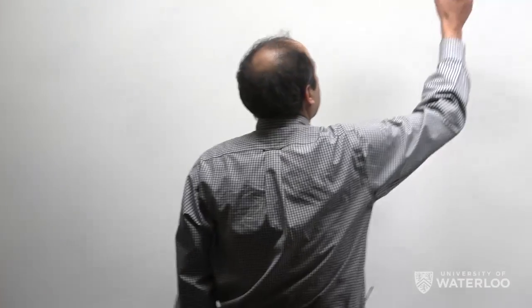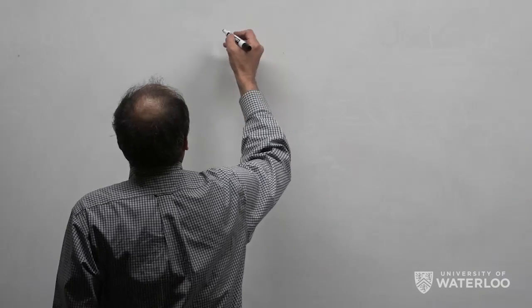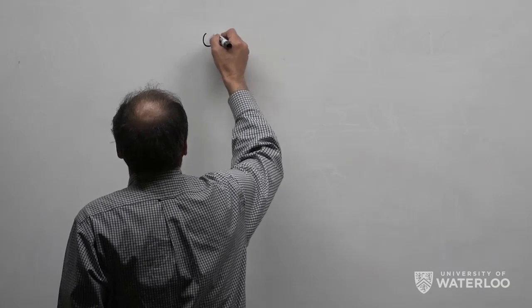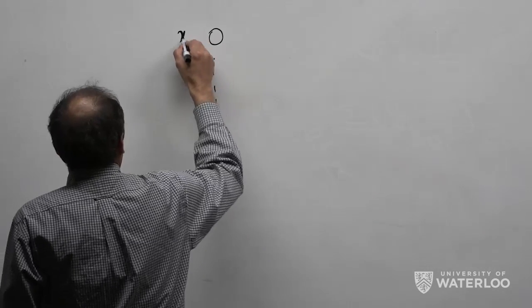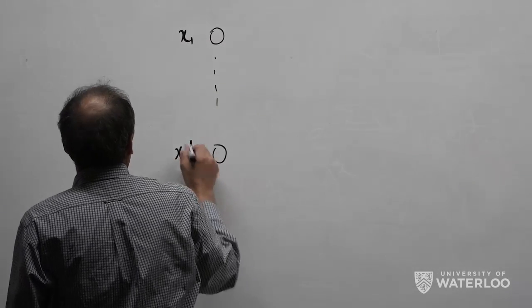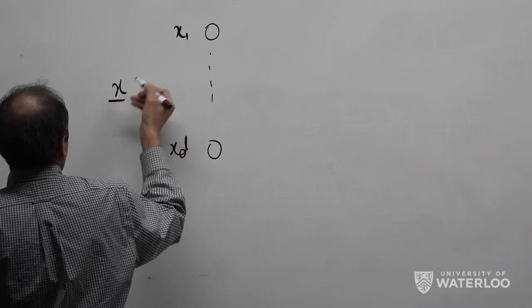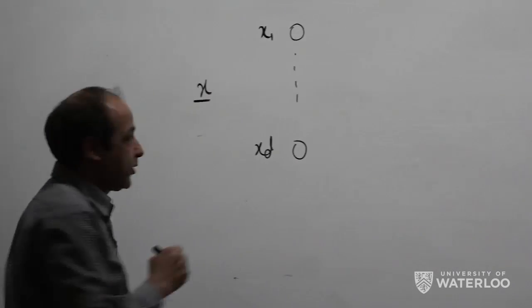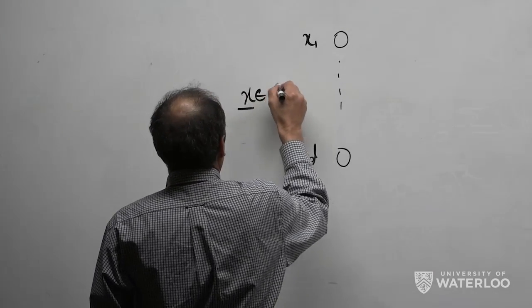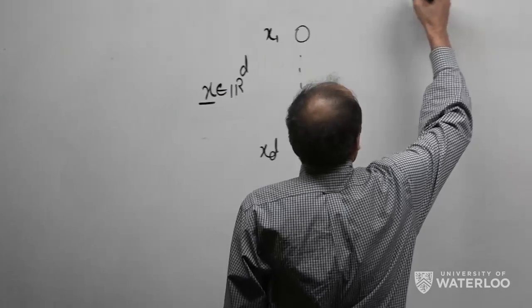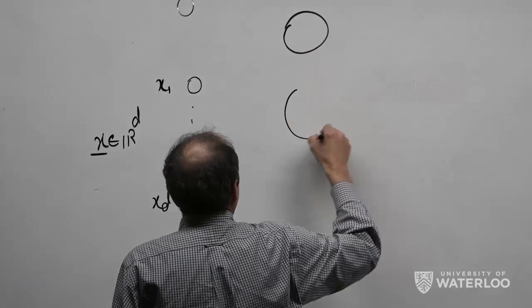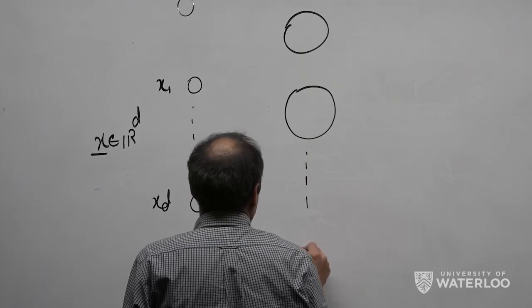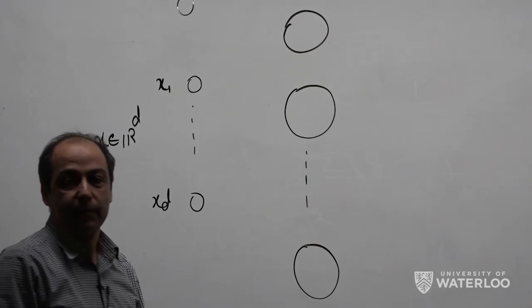So suppose you have a d-dimensional data. So x1 to xd represent a vector x, which is d-dimensional. Then you have a couple of perceptron, and you can have many of them in one layer.